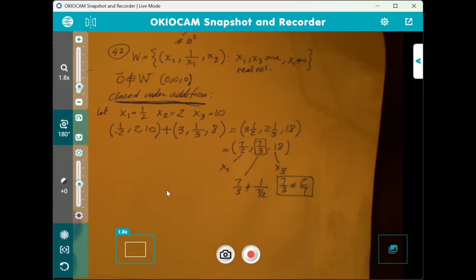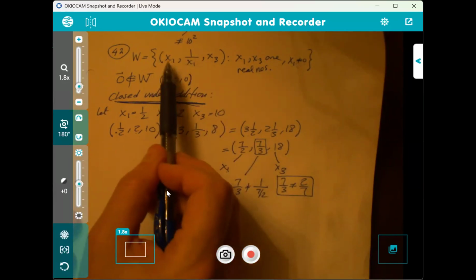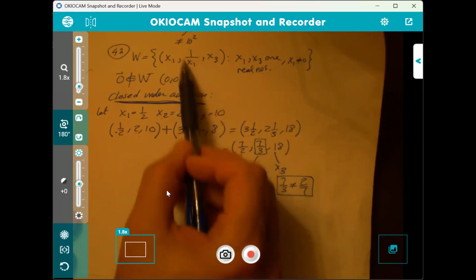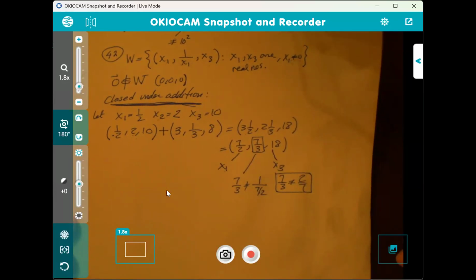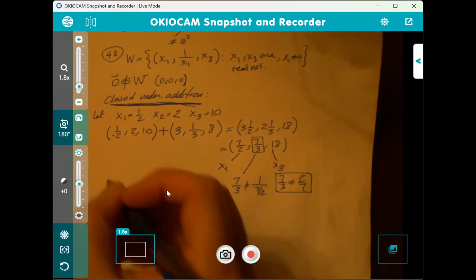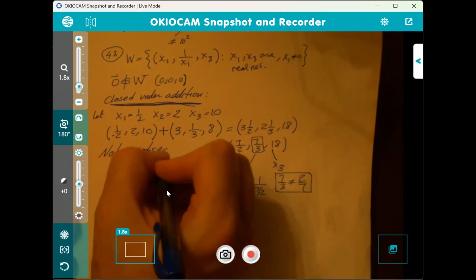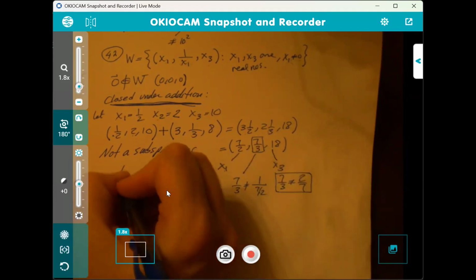You don't have to go with this. There again, there you go. For this to have worked, it had to be in that structure. Whatever x1 is, this should have been the reciprocal of it. So this one, therefore, is not a subspace of R3.